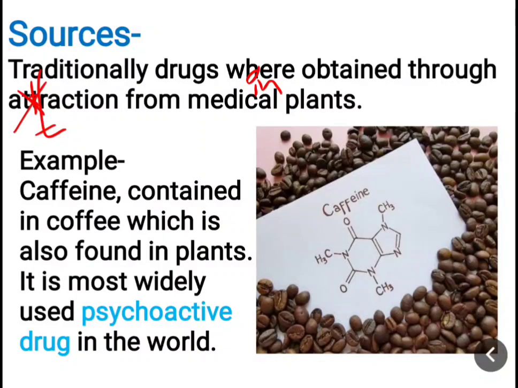So they are termed as medicinal plants, and traditional drugs are obtained through extraction from them. For example, caffeine, contained in coffee, which is also found in plants, is the most widely used psychoactive drug in the world.